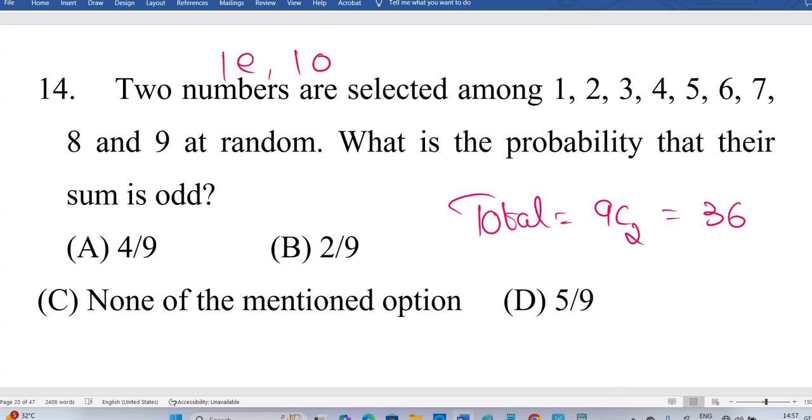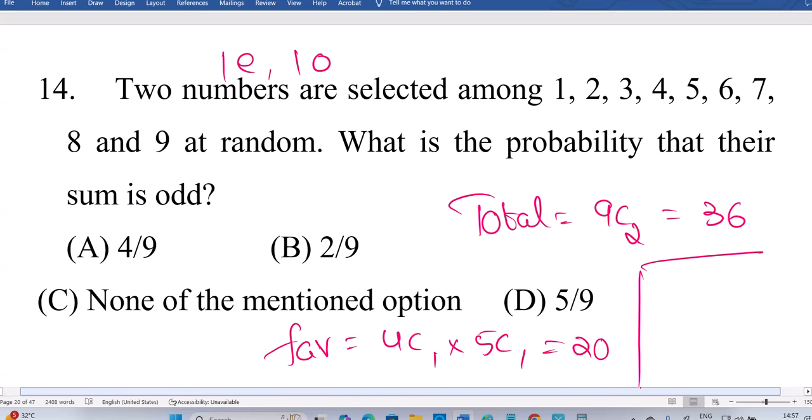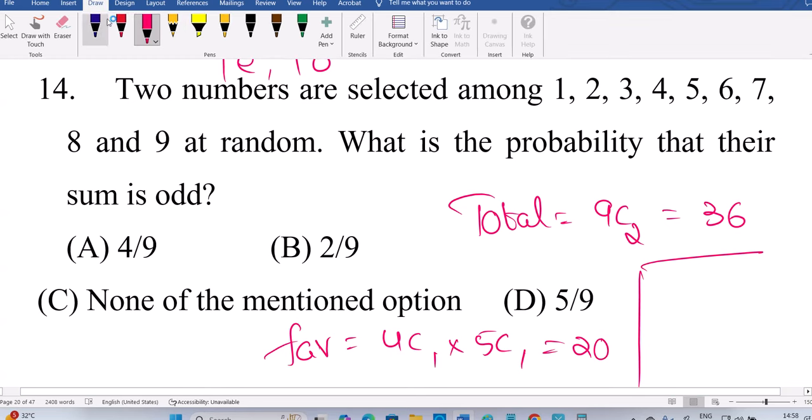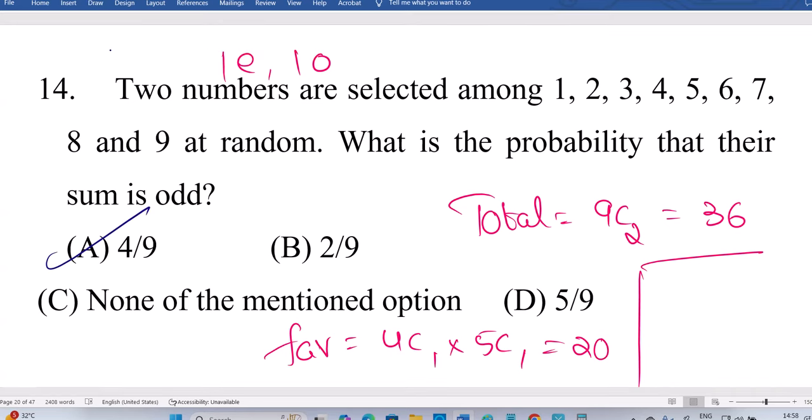How many even numbers are available? 4. So 4C1 into 5C1, which is 20. So probability is favorable out of total, 20 divided by 36, which is 4 divided by 9.